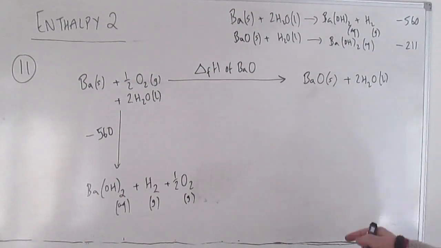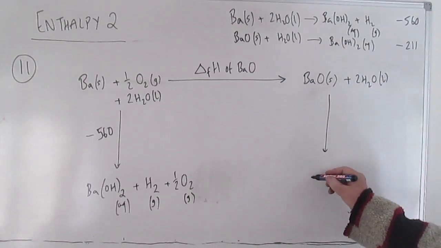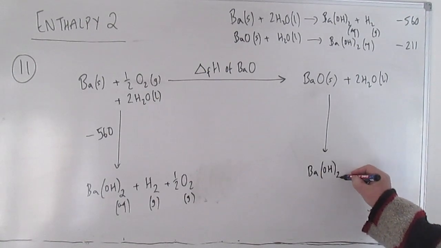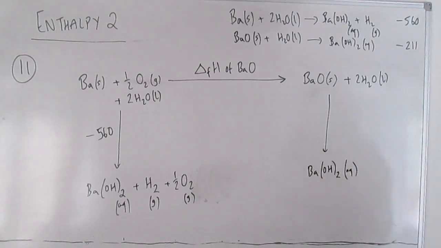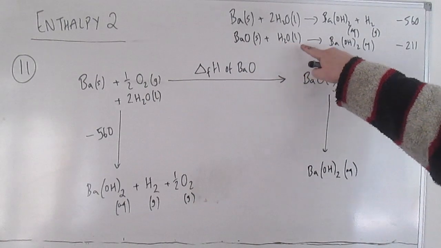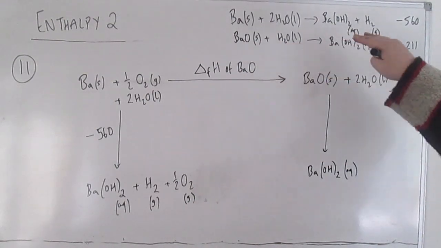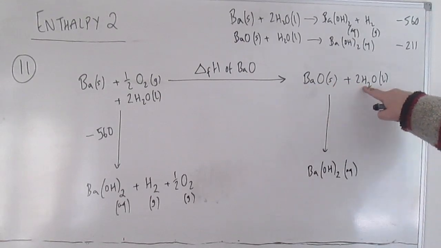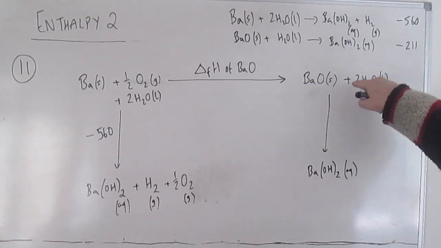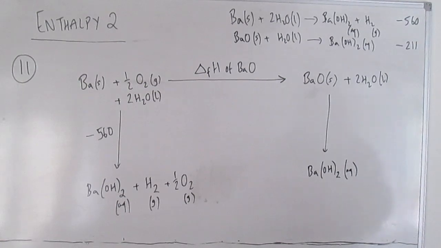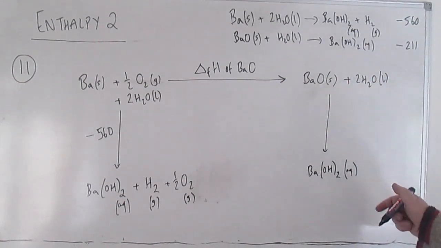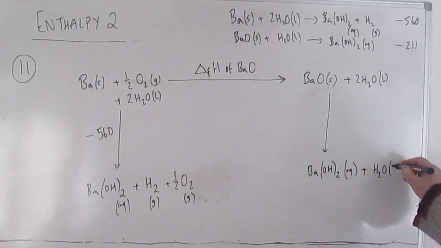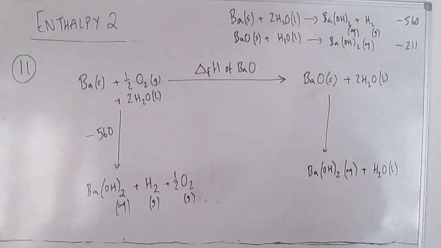Now if we do the same thing coming down here, again to form barium hydroxide, the equation is barium oxide plus water goes to barium hydroxide, but you can see at the moment we've got barium oxide plus two waters, because we had to have those two waters there to balance those ones out, but this is only reacting with one of them, so one of those waters has got to be written in here, just to keep it balanced again.